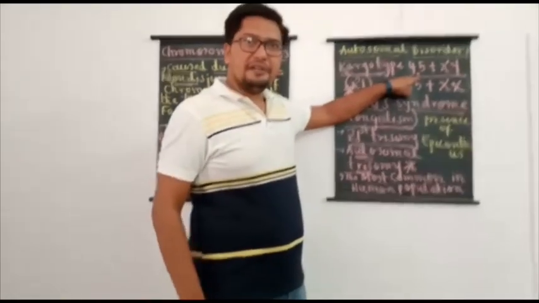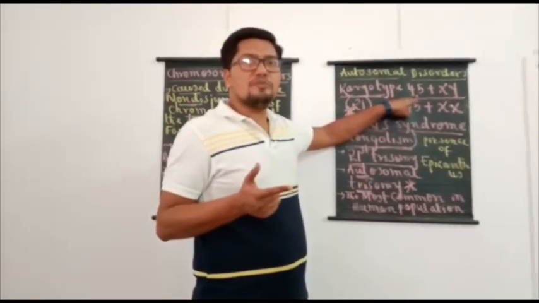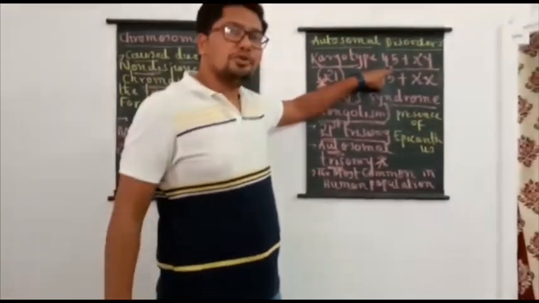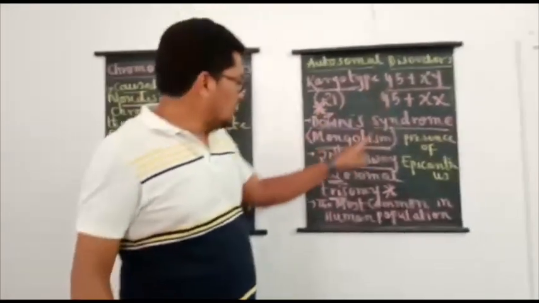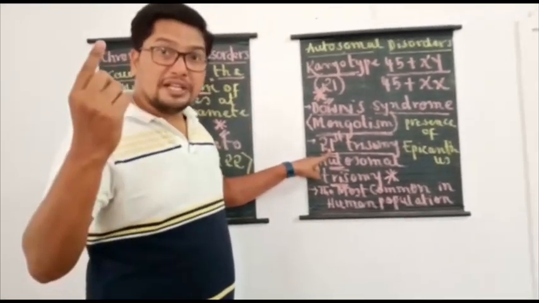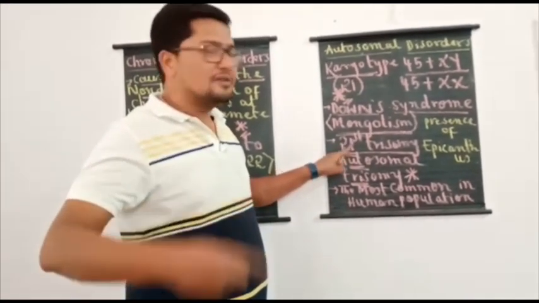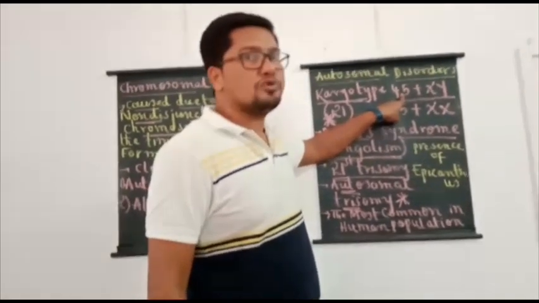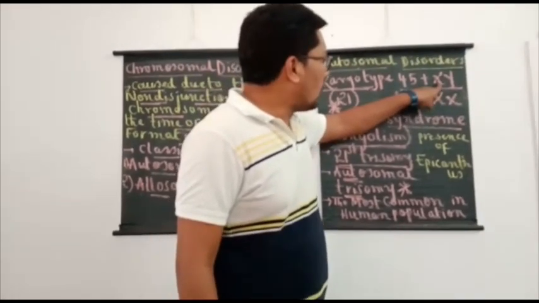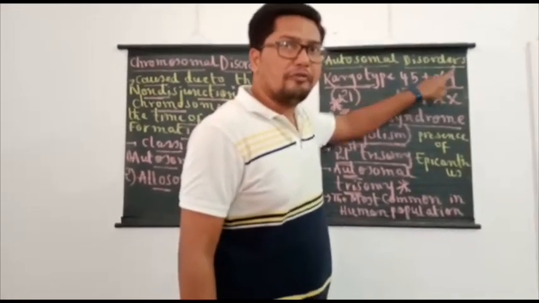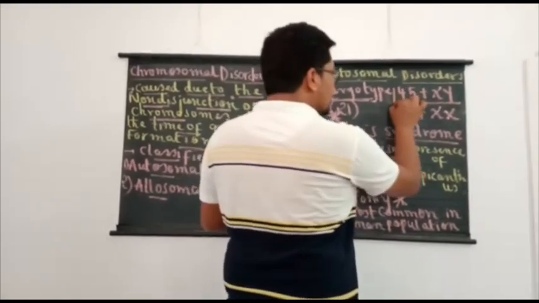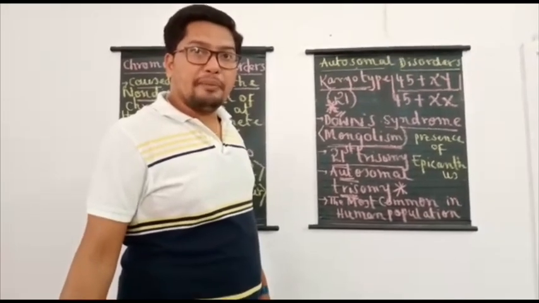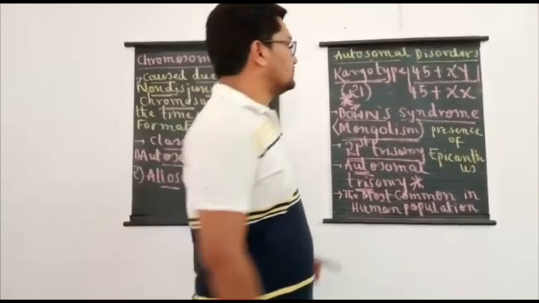In healthy condition, how many pairs of autosomes are present? 22 pairs of autosomes. 22 means it should be 44. But here, to the 21st pair, an extra copy of an autosome is added. So what is the total number of autosomes? 45 autosomes are present, plus 1 copy of X chromosome and 1 copy of Y chromosome. So this 45 plus XY is the karyotype of a male baby suffering from Down syndrome.